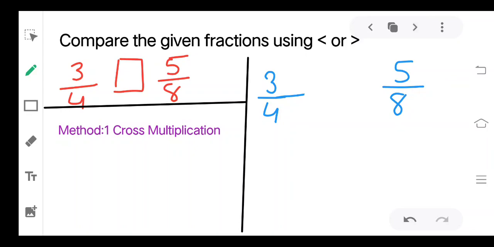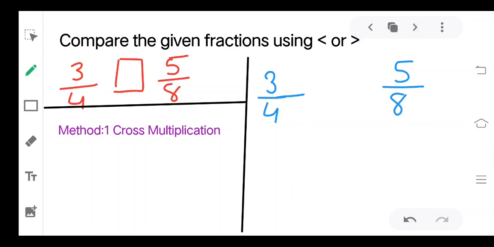Now compare the given fractions using less than or greater than. Students, we have to solve this sum to find which number is greater and which is lesser. To solve this sum, we have two methods.